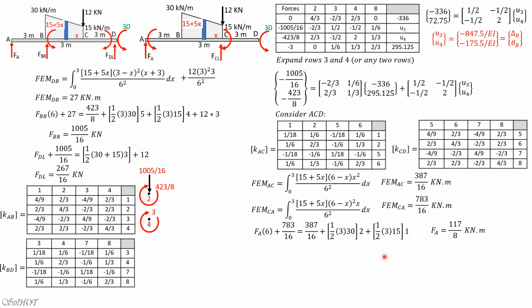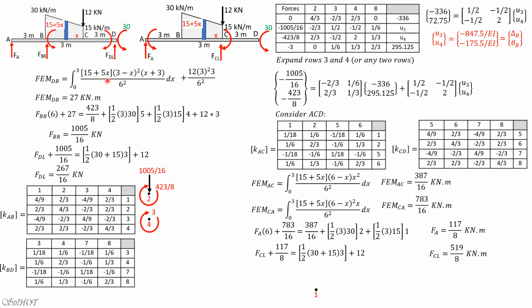So FA is 117 over 8 kilonewton. Summation of forces in Y equals 0. So FCL plus FA equals the area of the trapezoid plus 12. The 12 is included because we have it in the summation of forces in Y. That's why FCL is 509 over 8.